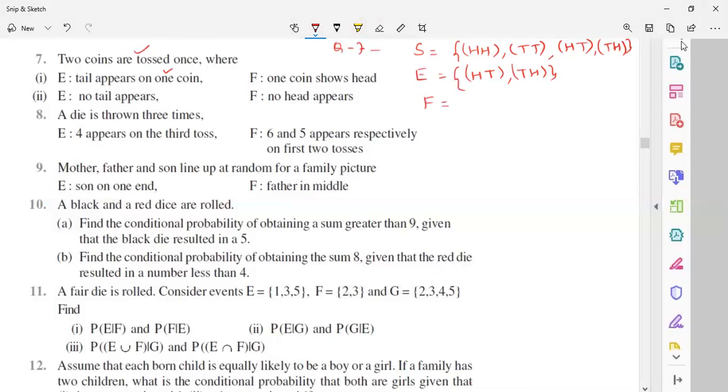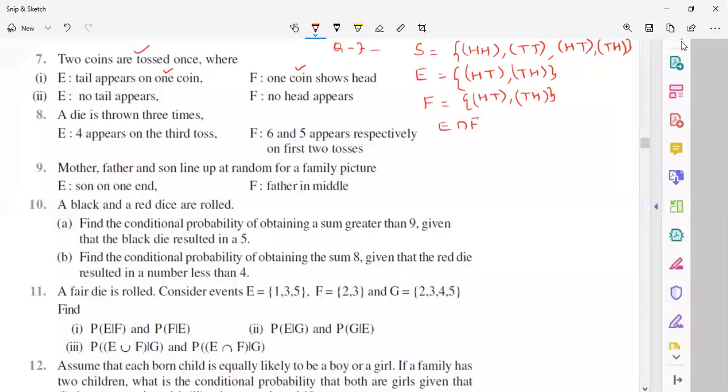F: one coin shows head. One coin shows head means the same: head, tail and tail, head. So both will have the same, and the intersection will be the same also.